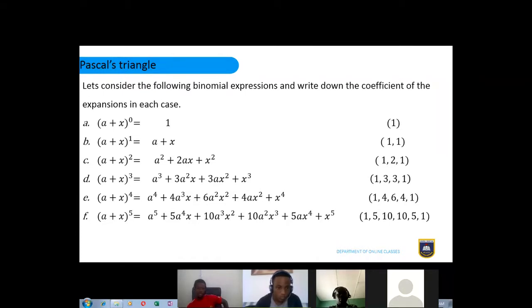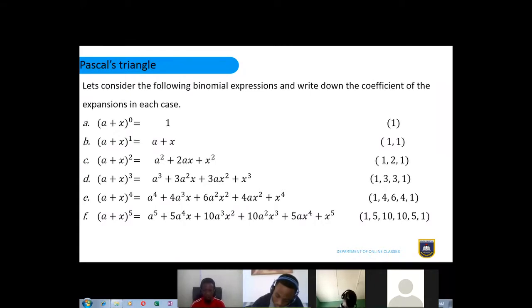In the second expansion, the coefficient of the first term a is 1, and the coefficient of the second term x is also 1. So we are listing the coefficients in the order of the terms in the expansions.